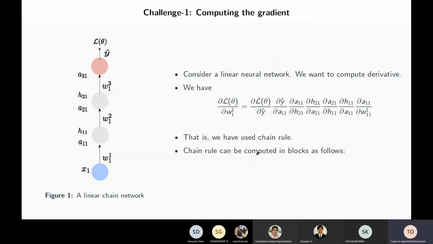So we have used the chain rule. The chain rule can be computed in blocks as follows. Remember that in the chain rule, I may not see a direct dependency also. It doesn't matter. I could have written del y hat by del a21, and if I know these values, I can even jump over and take them.